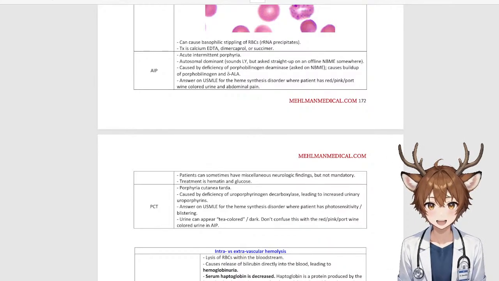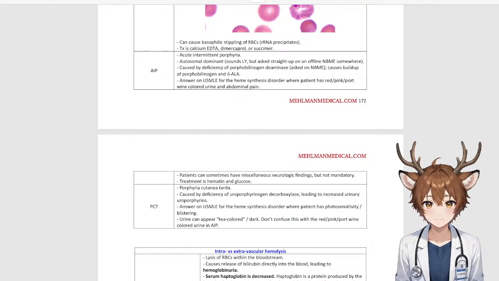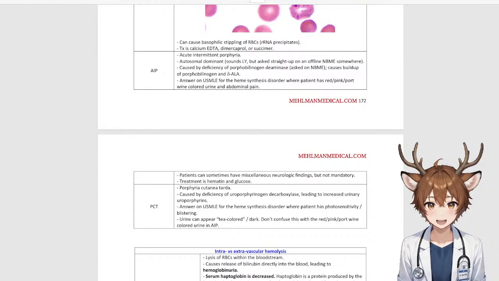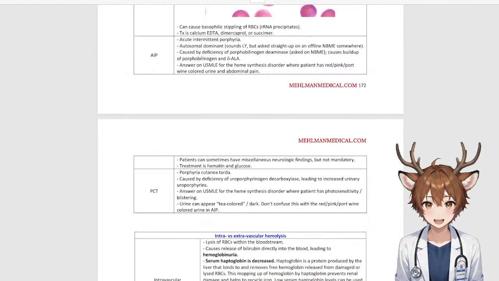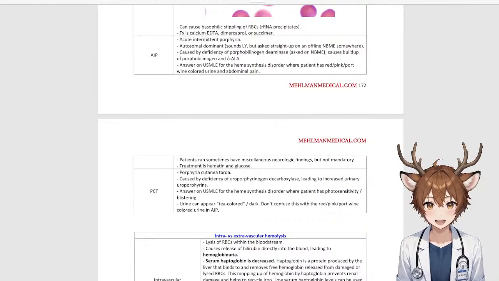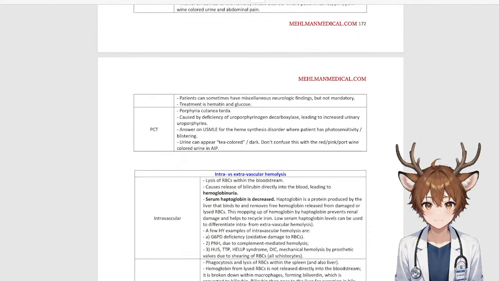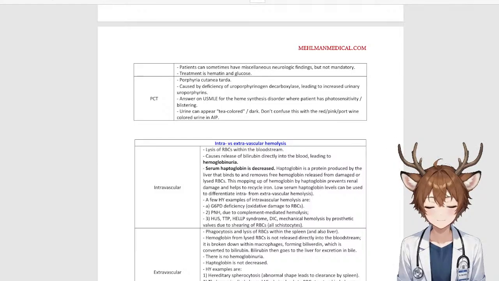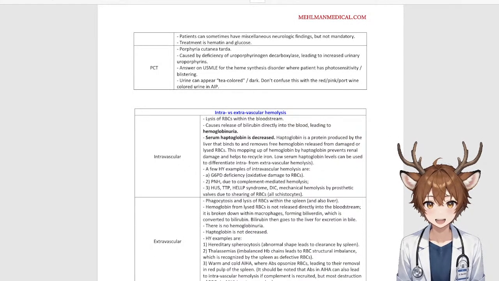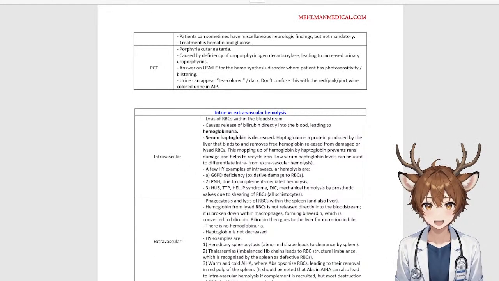You'd think it'd be the king drinking some tea, but it's a little bit different. Think for PCT, tea-colored urine, and for AIP, port wine-colored urine. And again, for PCT, it would be uroporphyrinogen decarboxylase deficiency.